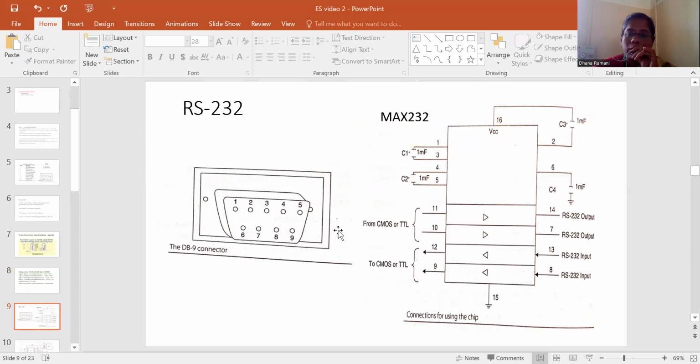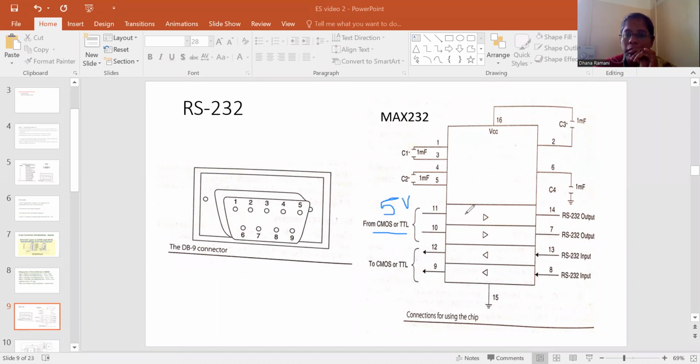Here you can see the RS232 DB connector, and this is our MAX232 IC. This IC is going to do the conversion. Let me take a pen here. From the CMOS logic or the TTL logic, the signals will be in the range of 0 to 5 volt.